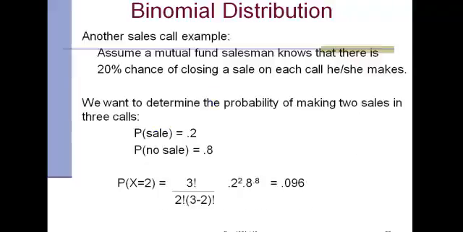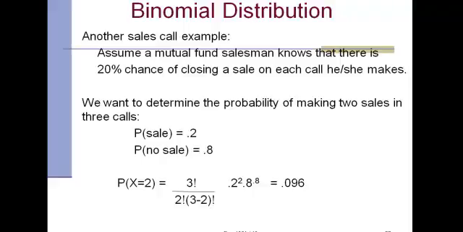So how about another example? Now we're going to do one that relates back to that complicated tree, but we're just going to do it in a short form, and then I'll also show you another example in Excel. Okay, assume a mutual fund salesman knows that there's a 20% chance of closing a sale on each call he or she makes. We want to determine the probability of making 2 sales in 3 calls.